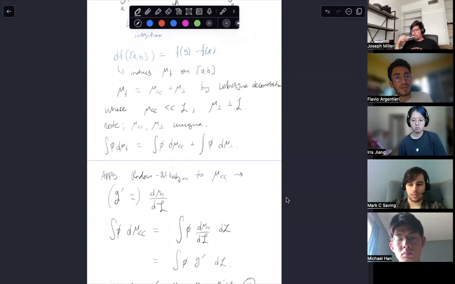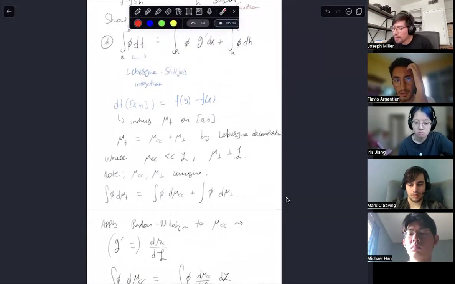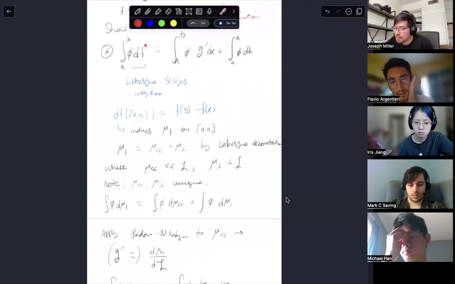So do we need to show this for intervals and then apply uniqueness of the extension to show that for the measure? Yeah, in some sense to get this. The way you define this object in the first place is, Lebesgue-Stieltjes integration starts with, I can only define this on intervals, because I'm defining it as a difference of two things.